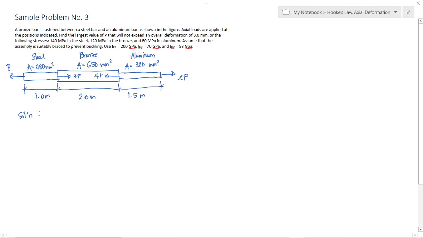So, in this example, deformation of steel is equivalent to, same as before, PL over AE. This is applicable for steel.